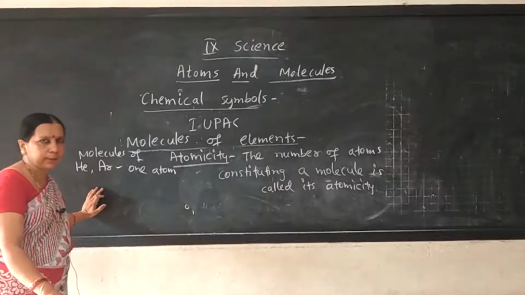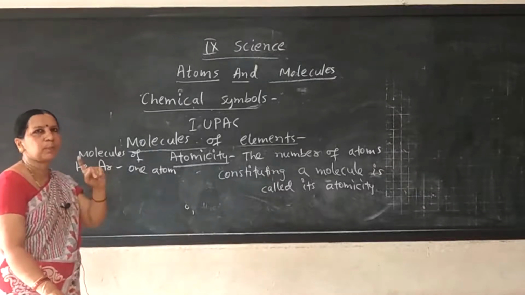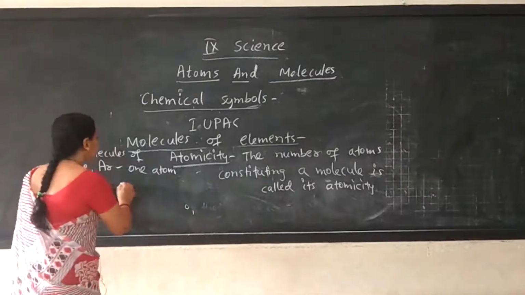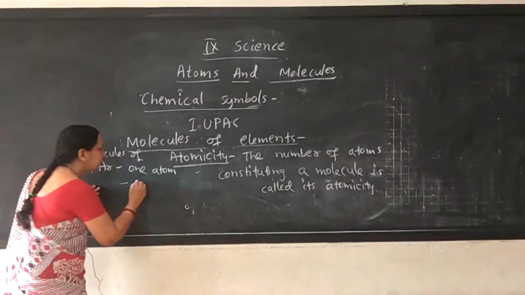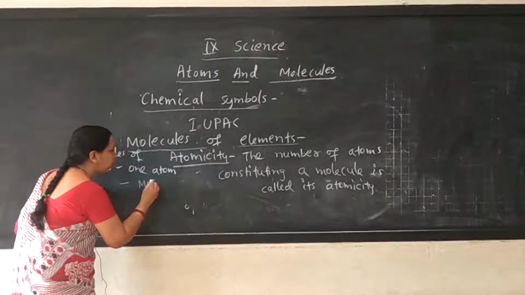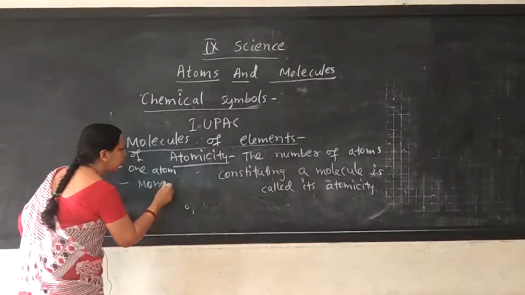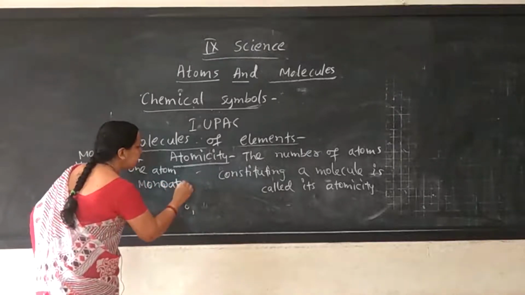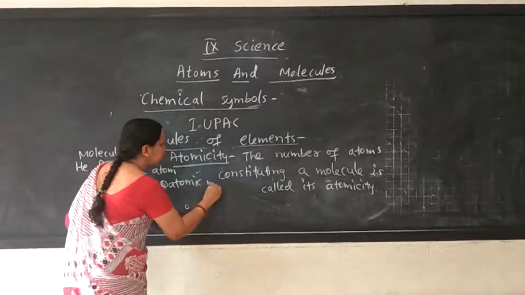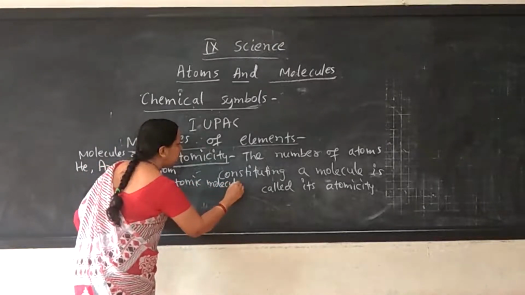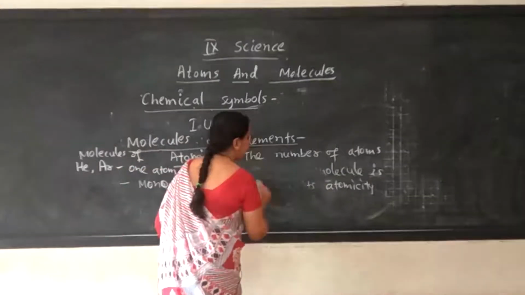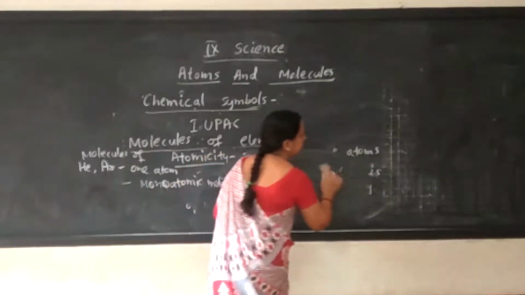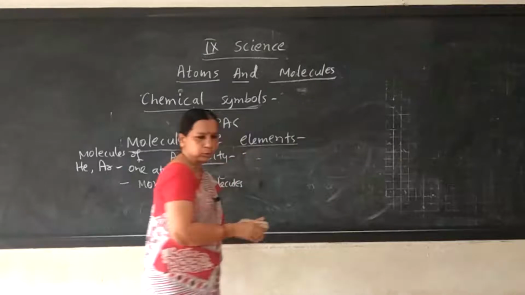Even neon also, one molecule is made up of only one atom. We call such molecules monoatomic molecules. Helium, neon, argon are called monoatomic molecules.